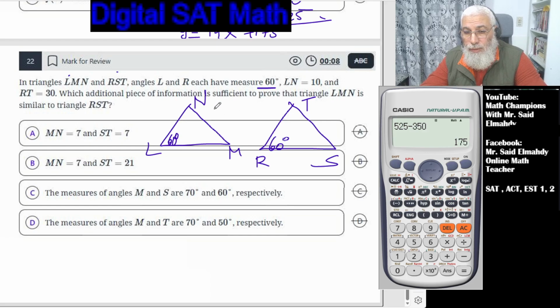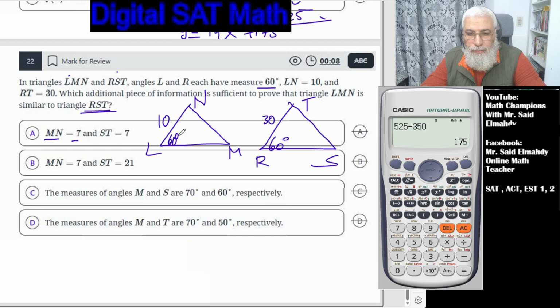LN is 10 and RT is 30. Which additional piece of information is sufficient to prove that triangle LMN is similar to triangle RST?